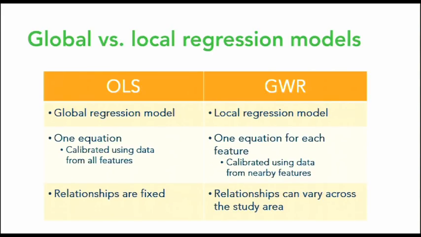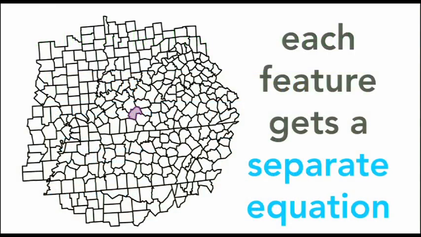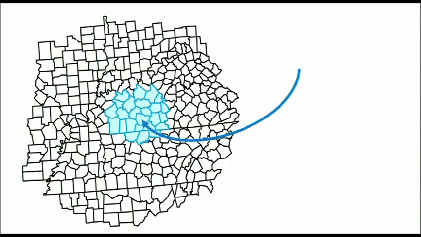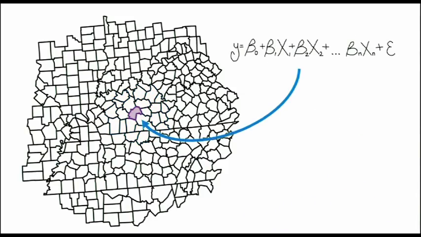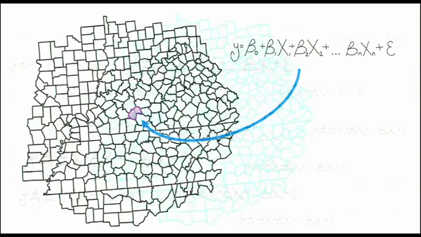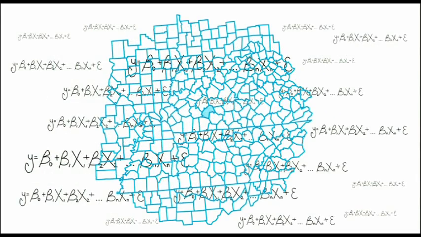GWR actually creates an equation for every single feature using nearby features. So the coefficient in one part of your study area might be different than the coefficient in another part of your study area. It looks a little bit like this. Each feature gets a separate equation based on its neighboring features. So that one feature gets an equation, and every other feature gets an equation.